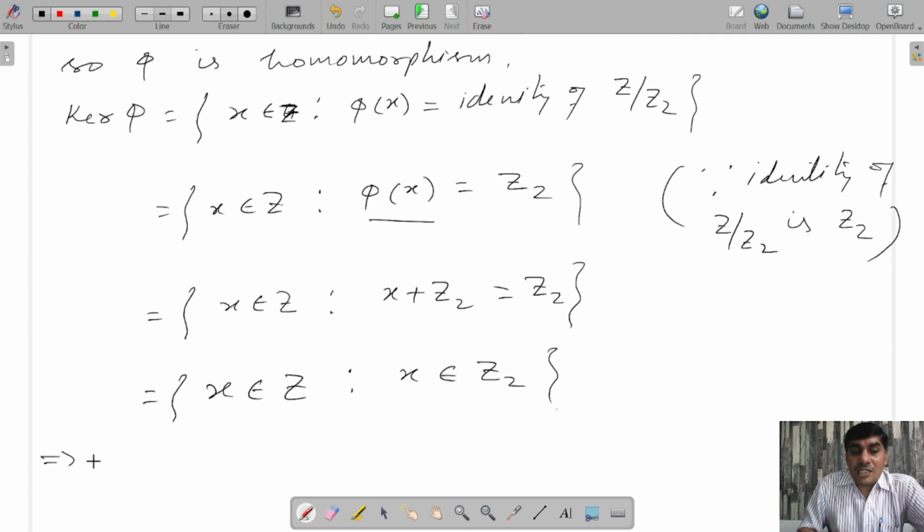This implies kernel of phi is equal to Z2.